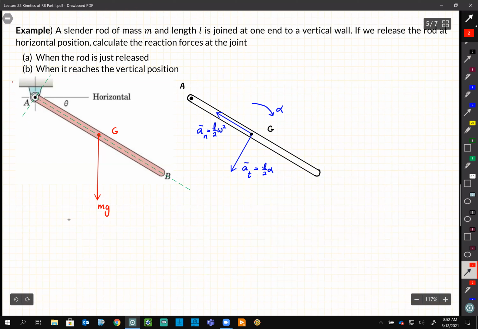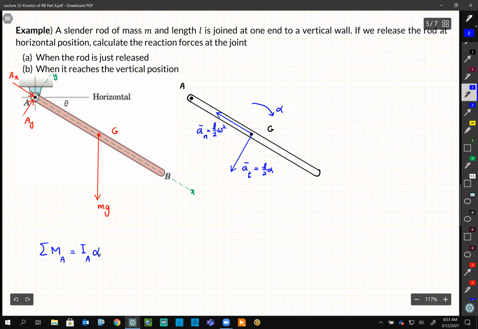And I assume positive direction. If you are wrong, you're going to get negative numbers, but that's okay. So this is Ay and this is Ax. Now our work is less because we just need to find the components of this mg. Let's for today write the second Euler equation: the sum of the moments about point A is equal to I A alpha.